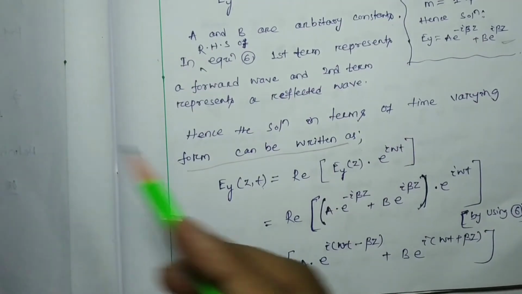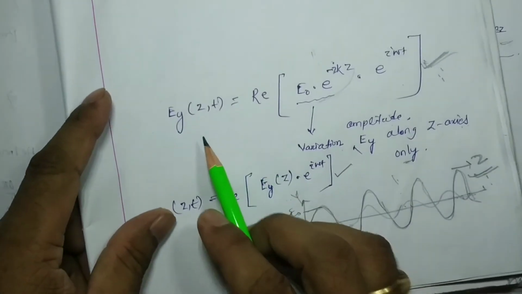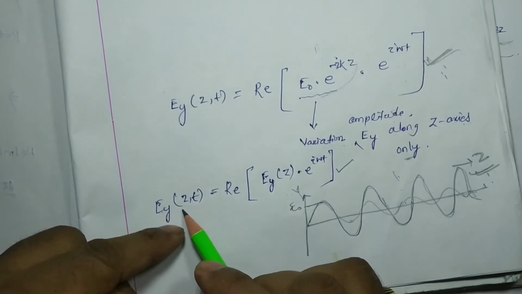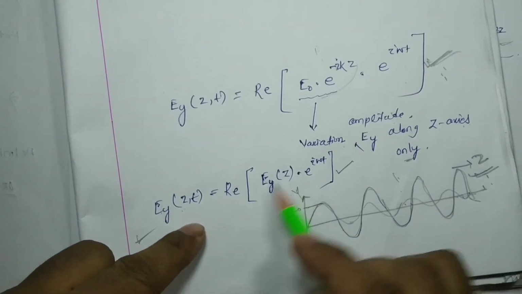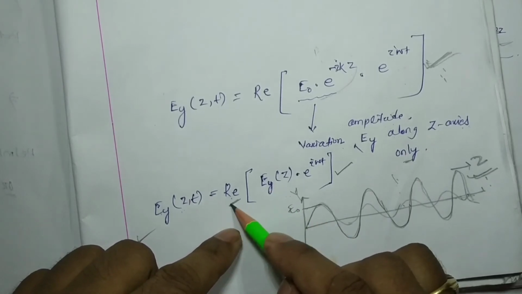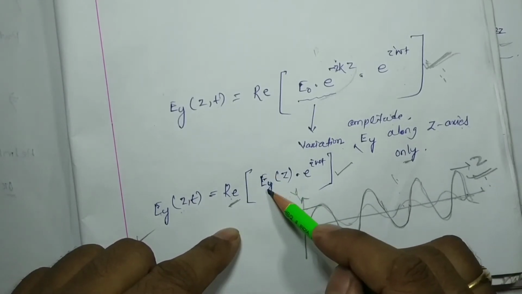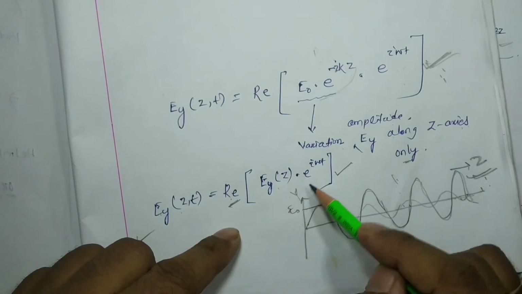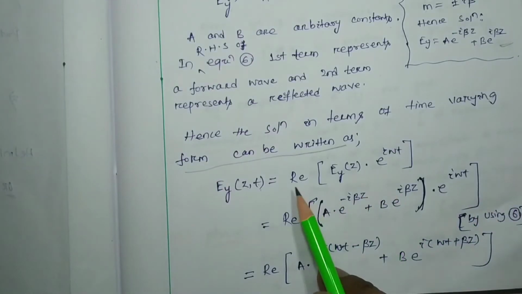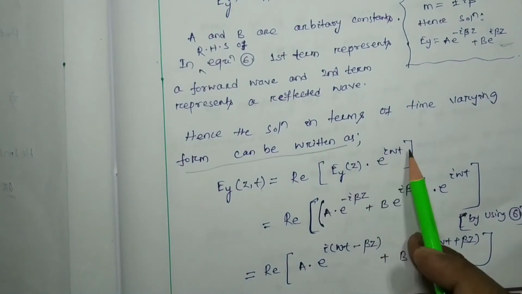We discussed just before, I told this will be required. When Ey is a function of z and t, then the solution will be the real part of Ey(z) into e to the i omega t.